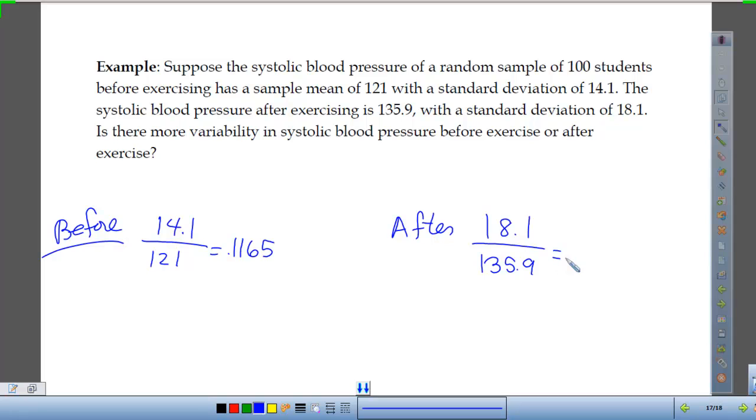We get 0.1332. So what's the question? Is there more variability before exercise or after? We'd say after, because after is larger. There's more variability after. All right, very good. Questions about that?